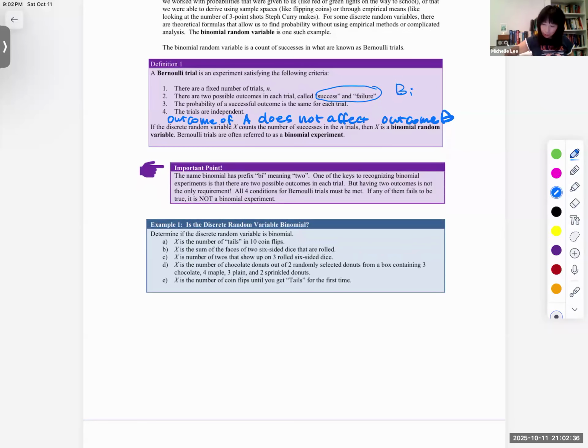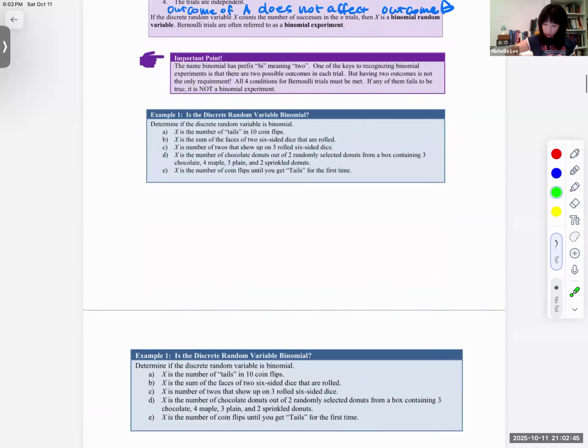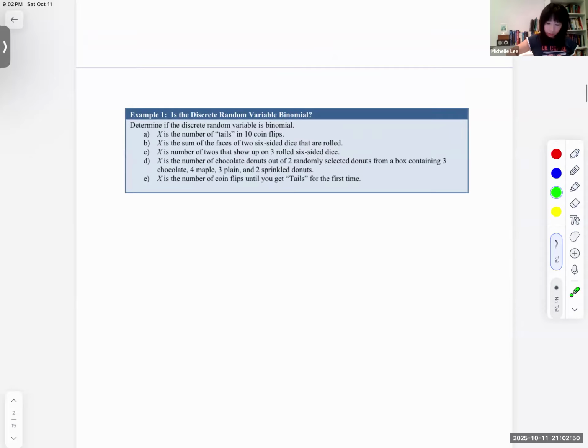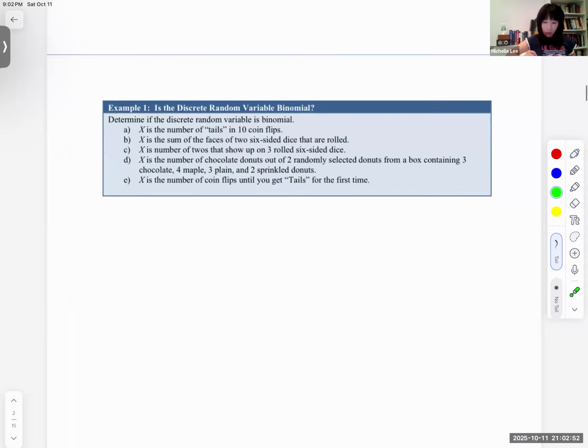We have these examples. Let's take a look at whether they are binomial experiments or not. The first one, X is the number of tails in 10 coin flips.